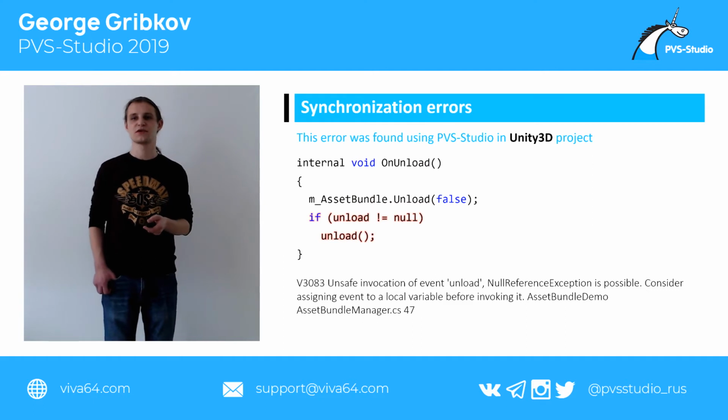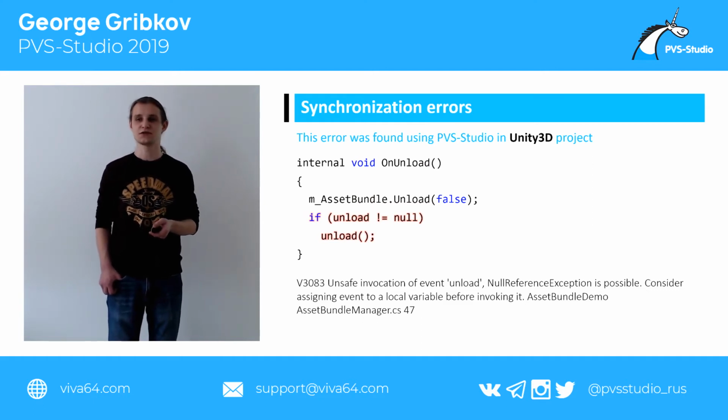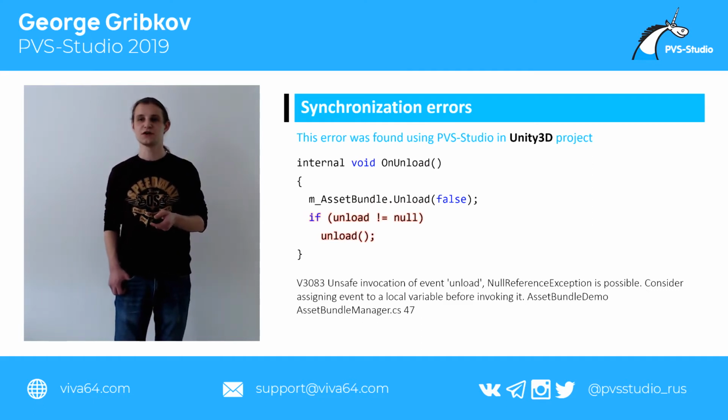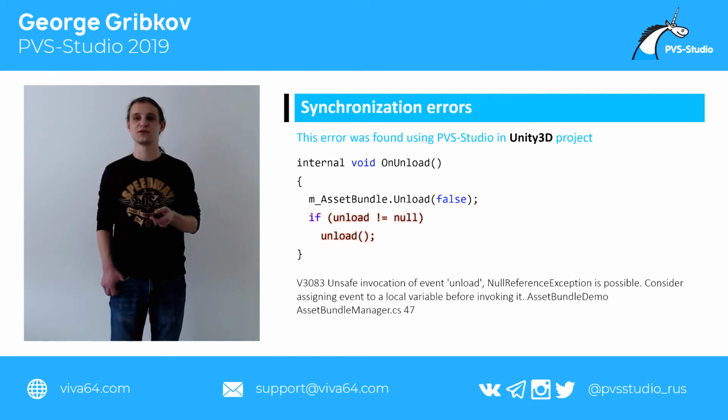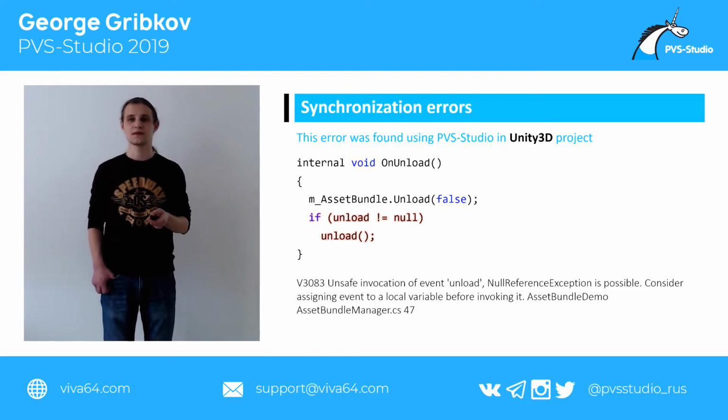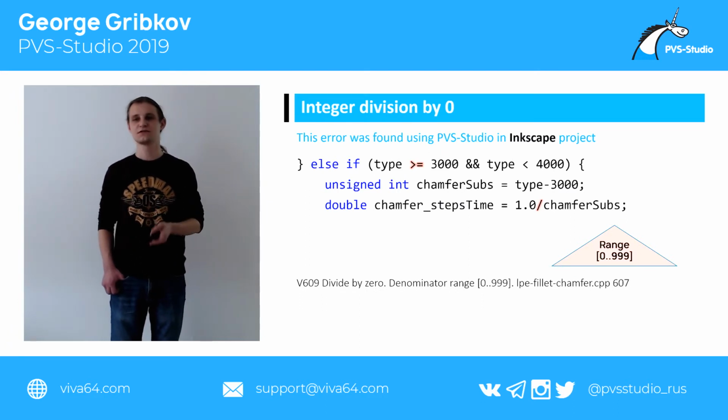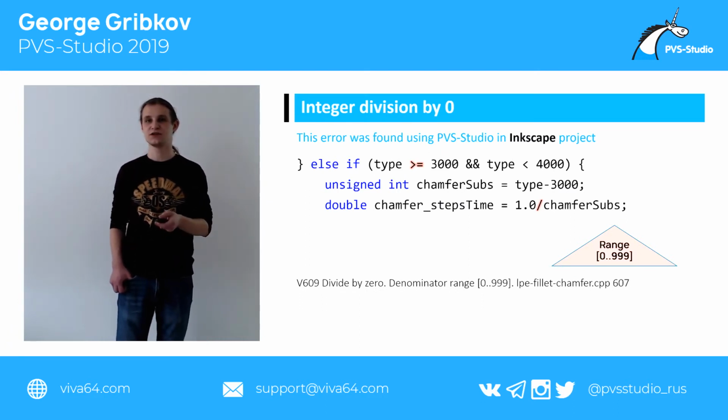There is also a number of checks related to synchronization errors. Of course, one must understand that here the static analysis will be inferior to the dynamic, but it is quite capable of detecting and warning about some simple situations. Classics of the genre, potential division by zero.